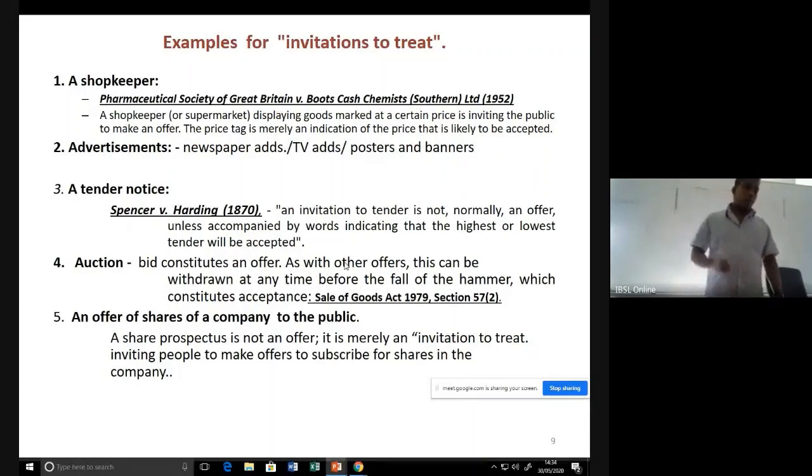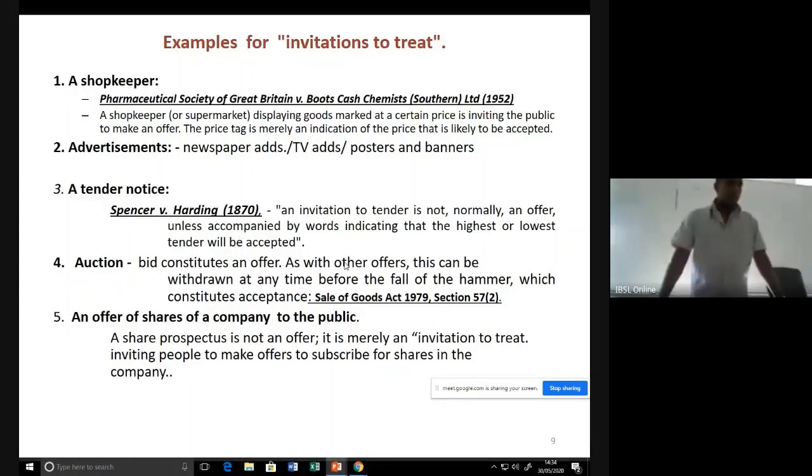That is also an invitation to trade, or invitation for offers. So the general public has to make the offer to the company. The company can choose to whom they are going to allocate or sell shares. So a share prospectus is not an offer.